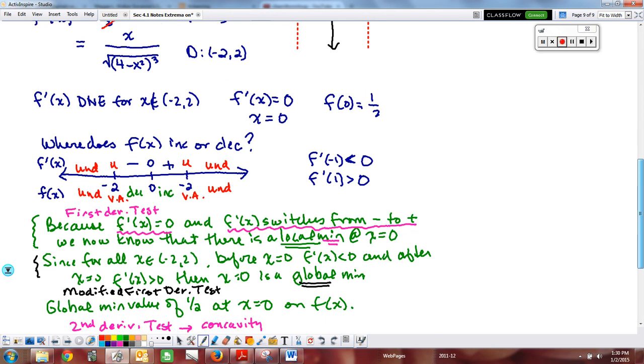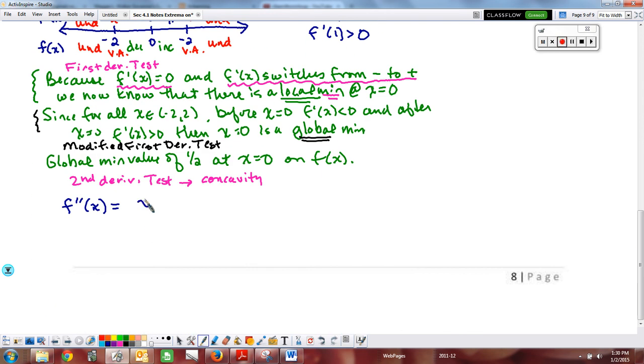So we had x, and I'm going to rewrite this back into x times (4 minus x squared) to the -3/2, and that's your first derivative. I'm going to use that nicer form to take its derivative. We're going to have to use a product rule to find the second derivative.